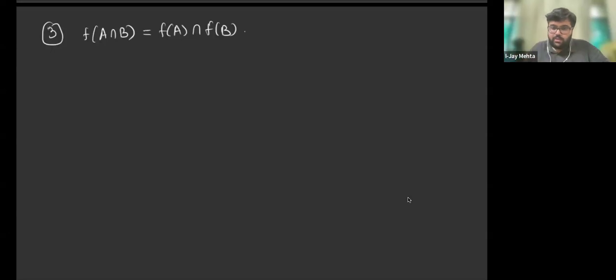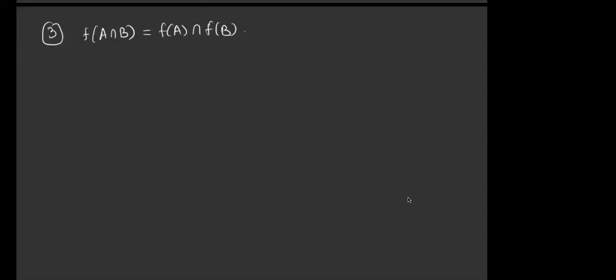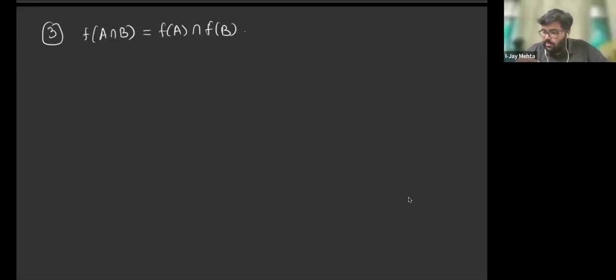Room number 3, Pooja. First, we take an element that belongs to F of A intersection B, then we show it is in F of A intersection F of B. We can take Y in F of A intersection B and then show that Y belongs to F of A intersection F of B.